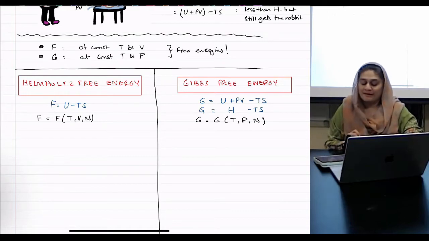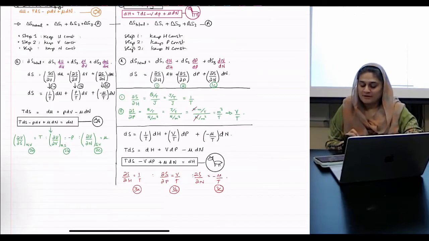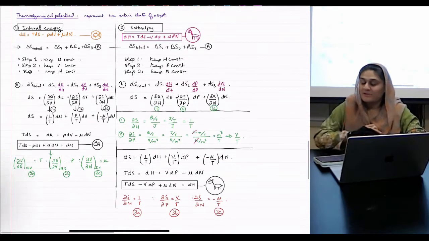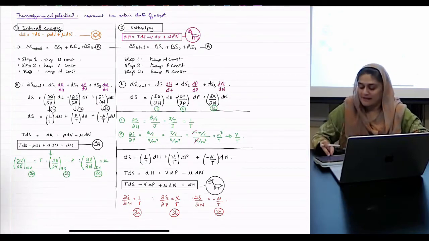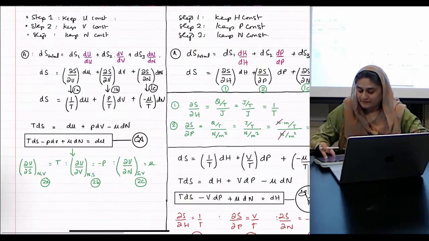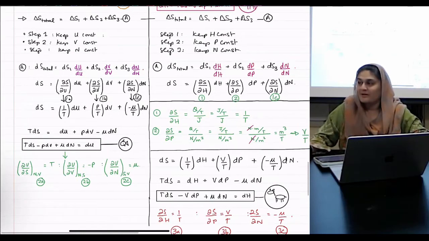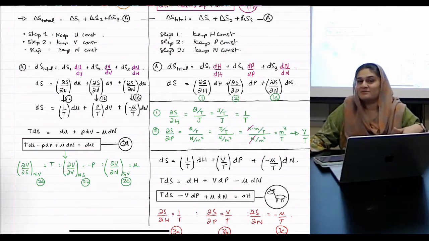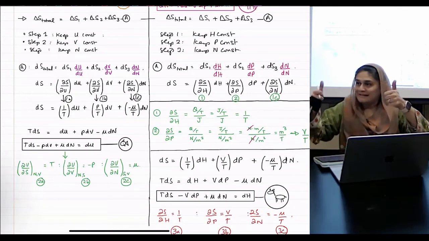Okay, and then reminding you guys of these things: when we were doing these derivations the other day, do you guys remember? How many steps did we have? So I'm going to stick with the 3 steps that we had, it's just going to be slightly differently done. Are we ready for this? Okay.